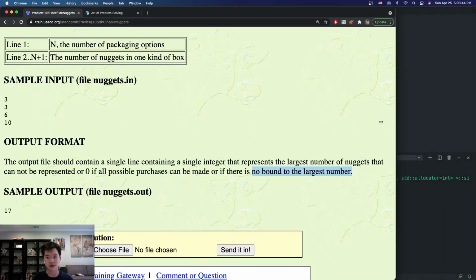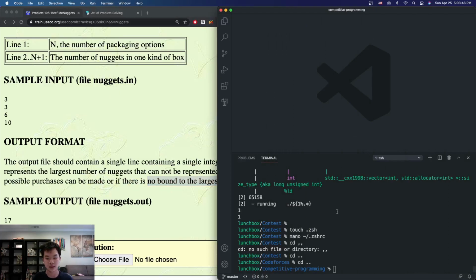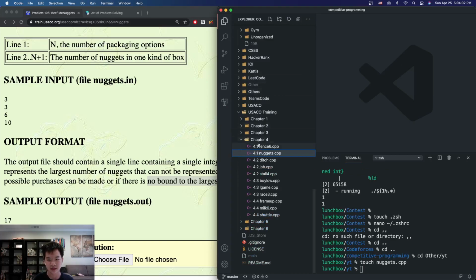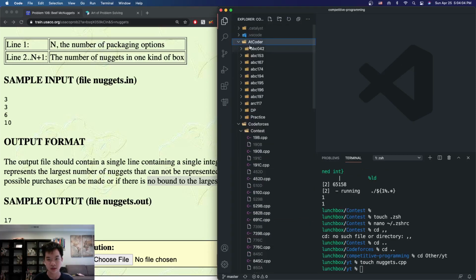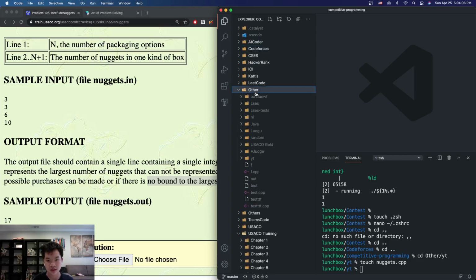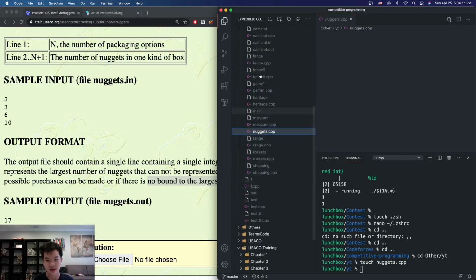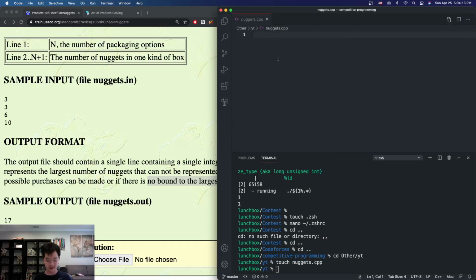Okay, so let's open nuggets. Over here we have this nuggets file, so let me insert my template.